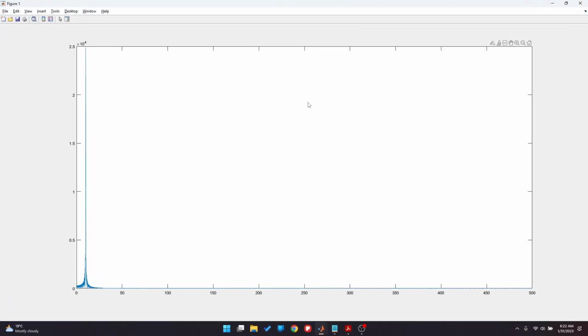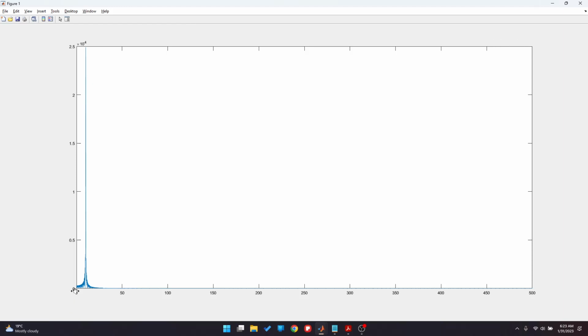Okay, so this is my frequency domain. As you can see, there is only one single peak, and this peak will correspond to 10 hertz. So I will do some adjustments, like I will limit the x-axis and y-axis.